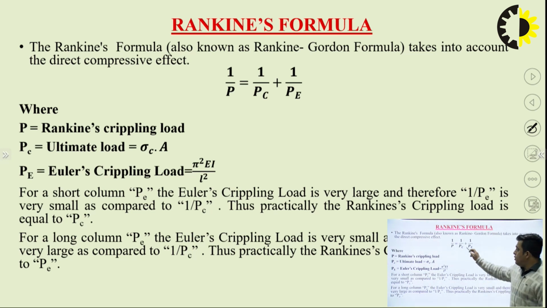Here you are taking the failure due to crushing also. Previously you were assuming that the column will fail due to Euler's load only, but here the column can fail also due to crushing.